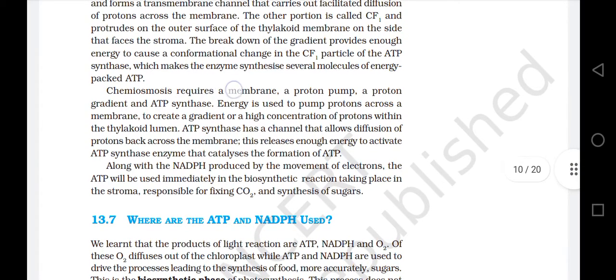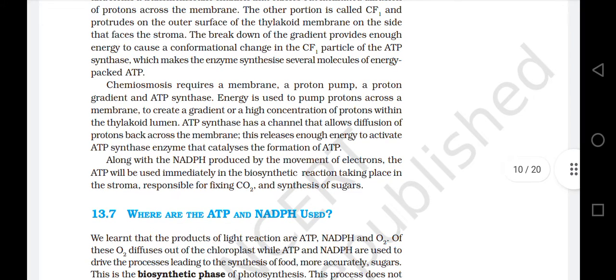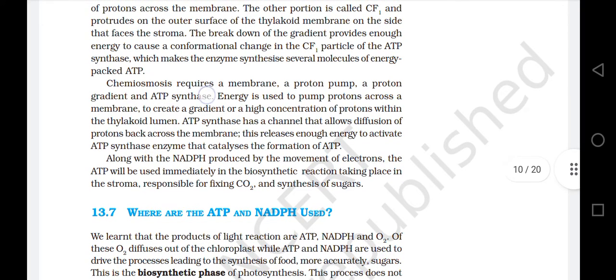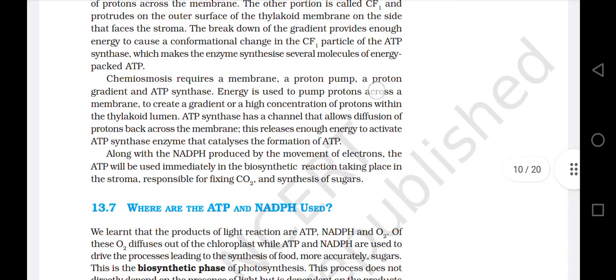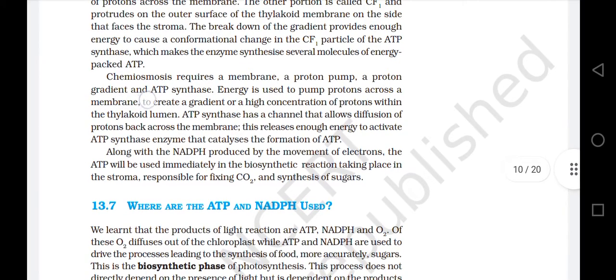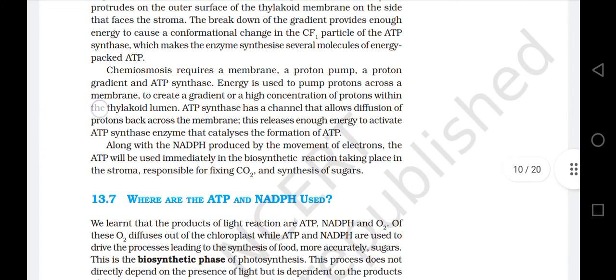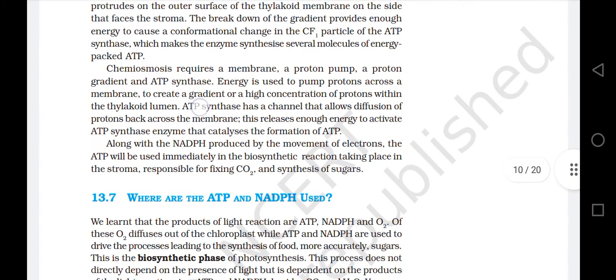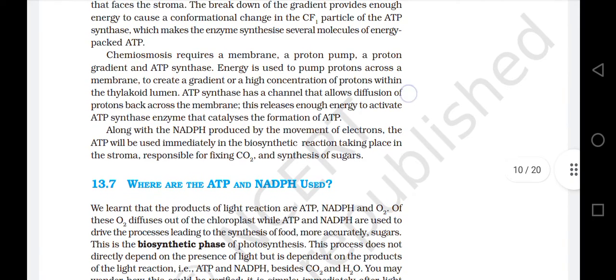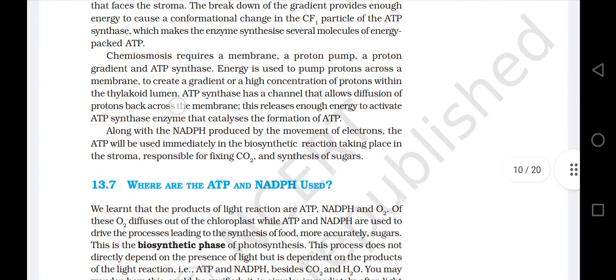Chemiosmosis requires a membrane, a proton pump, a proton gradient, and ATP synthase. Energy is used to pump protons across a membrane to create a gradient or a high concentration of protons within the thylakoid lumen. ATP synthase has a channel that allows diffusion of protons back across the membrane.